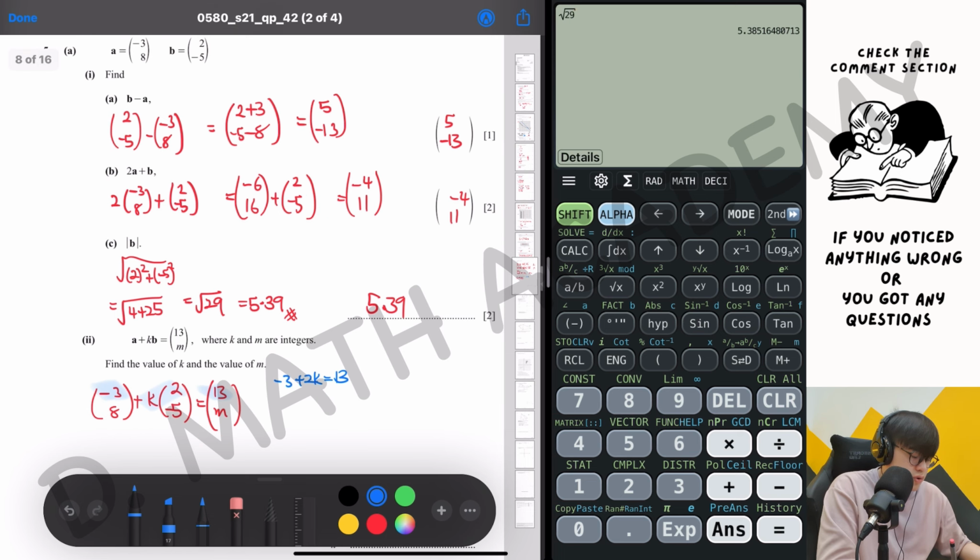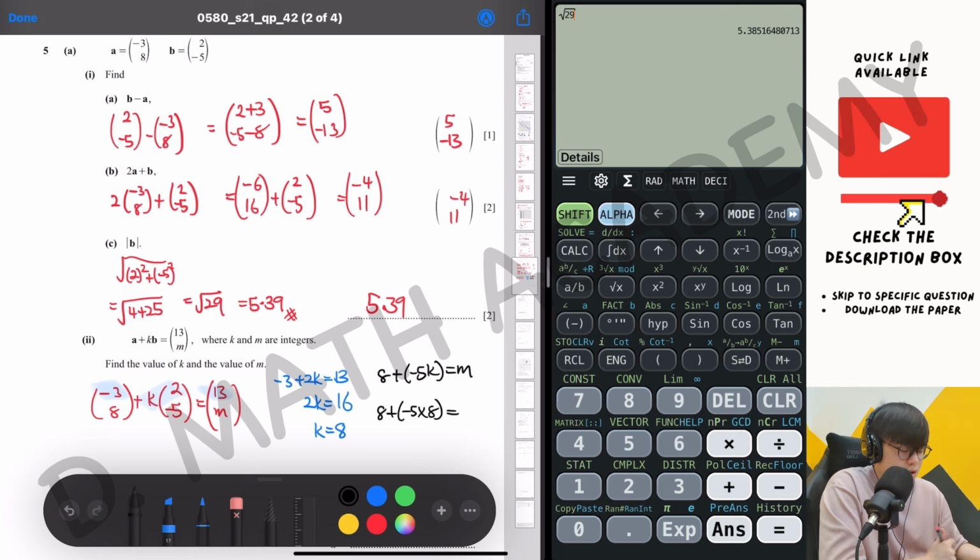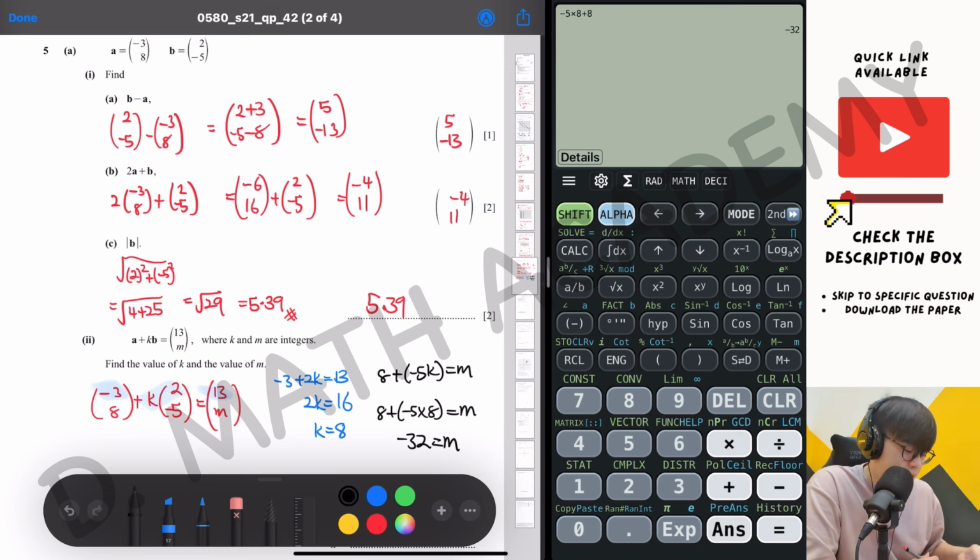So you get 2k equals 16. k should be 8 based on this. So on the other side, it will be 8 plus -5k equals m. 8 plus -5 times 8 equals m. So you get -40 plus 8, and you will get -32 equals your m here. So that's how you trace your k and m values.